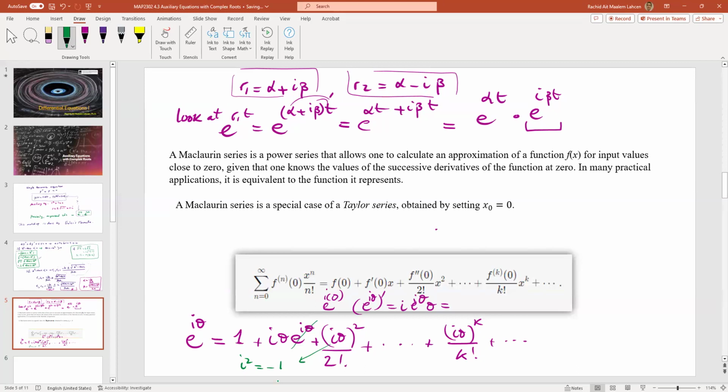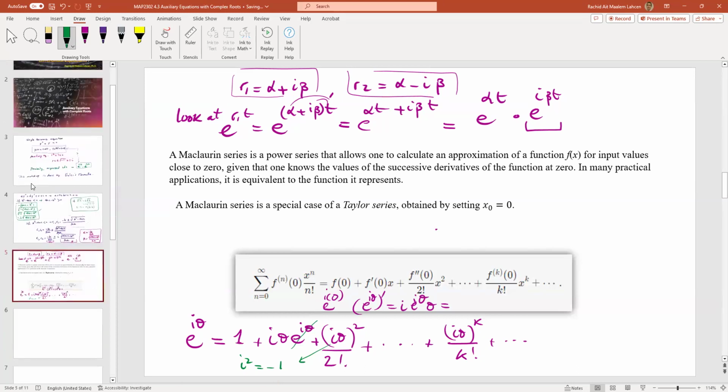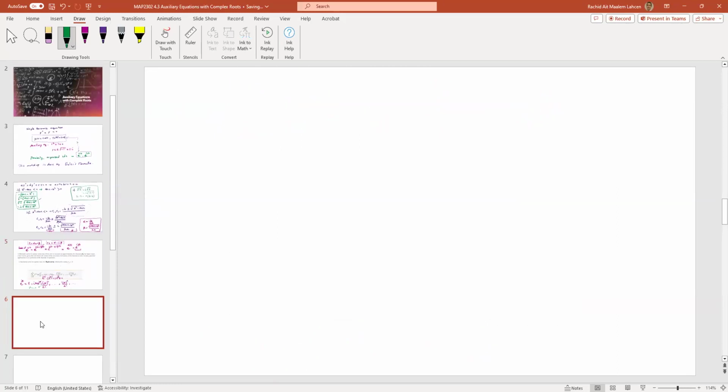When you go through it and simplify them, you will get this. You see now the second one, simplify the I squared, we get this. Then I cubed is going to be -I, and I to the 4th is going to be 1. So we get this.